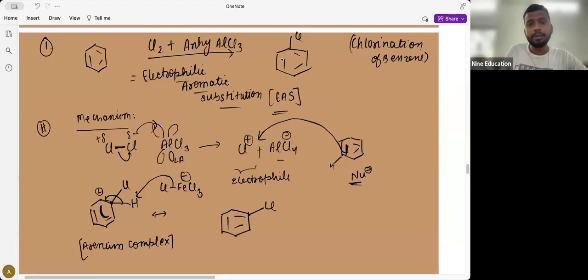Substitution reaction, meaning C-H was substituted with C-Cl. The C-H bond was broken and C-Cl was made, right? C-Cl was made by breaking C-H. So this is what substitution is. One was replaced by another. Cl was substituted in place of hydrogen.